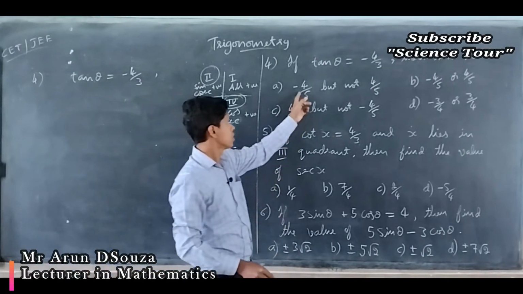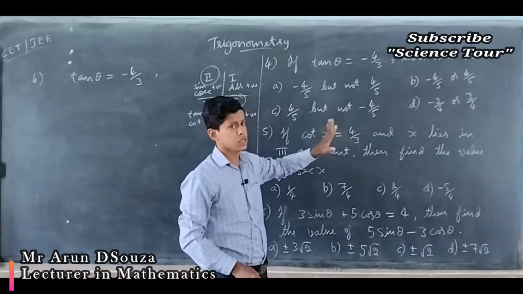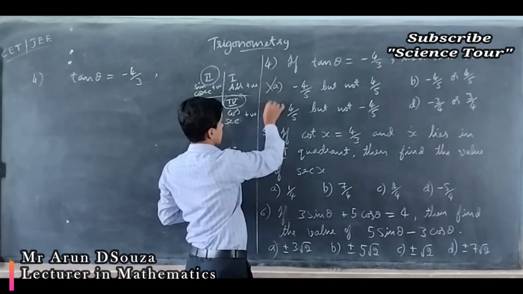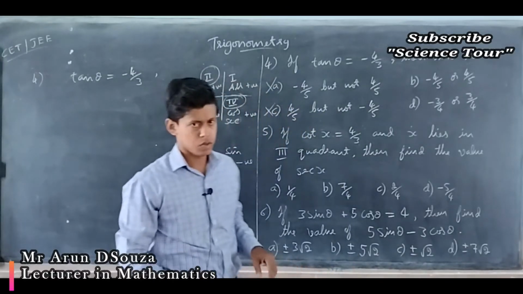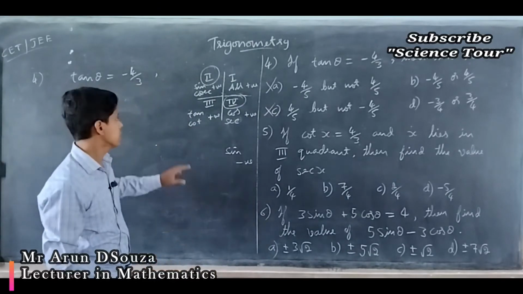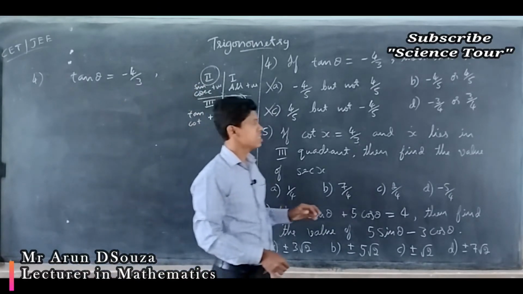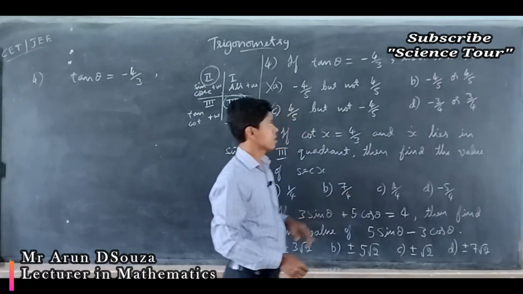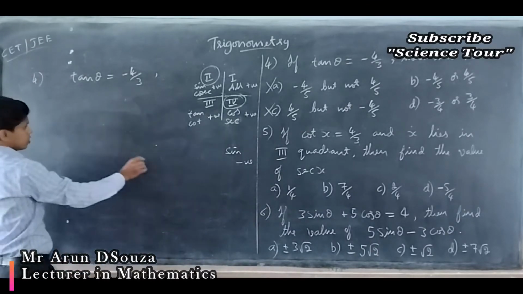What they have given in some options is only negative but not positive, or only positive but not negative, so these two options cannot happen. You will get both the values because the angle lies in the second and fourth quadrants. Let's check. It will be either B or D. So go for the triangle.